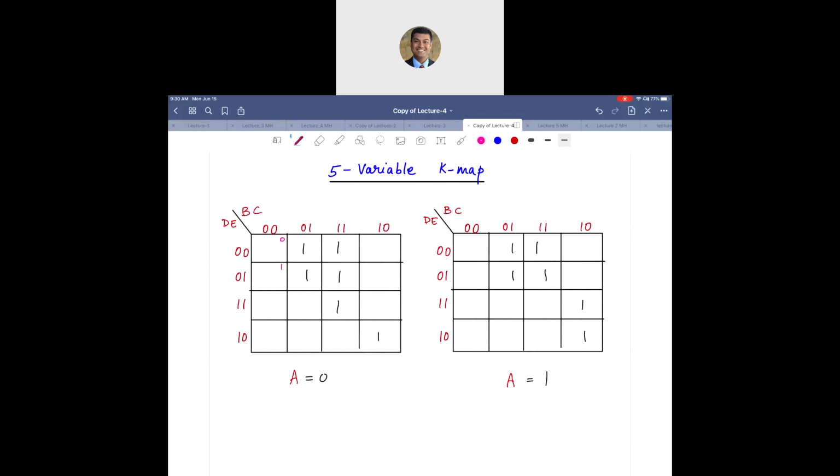0, 1, 2, oh, not 2, 2, 3, 4, 5, 6, 7, 8, 9, 10, 11, 12, 13, 14, and 15. Similarly, 16 starts here.